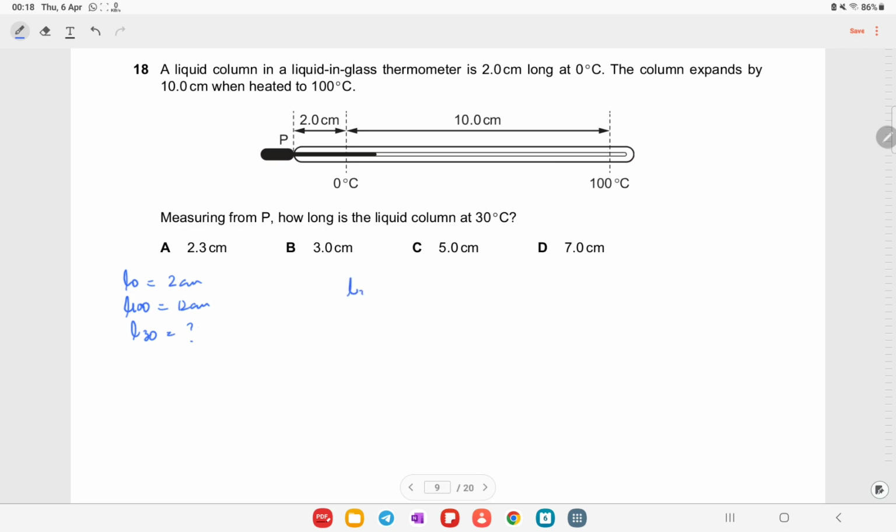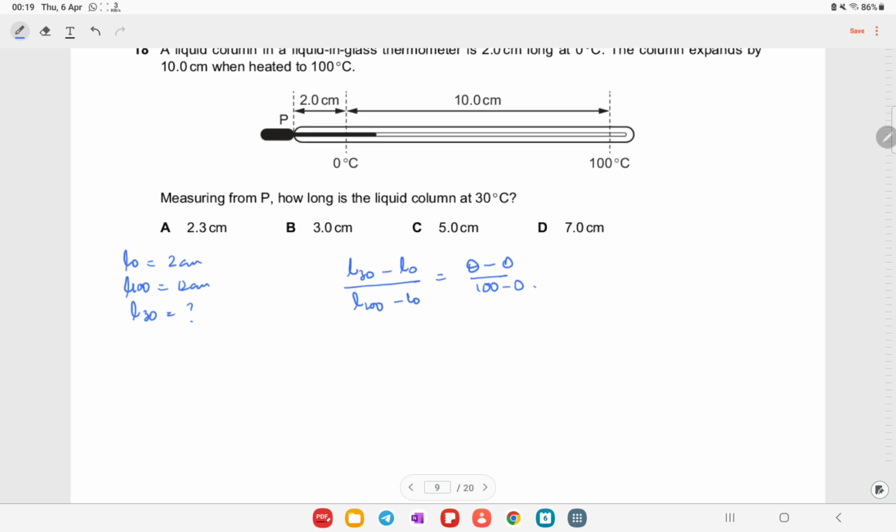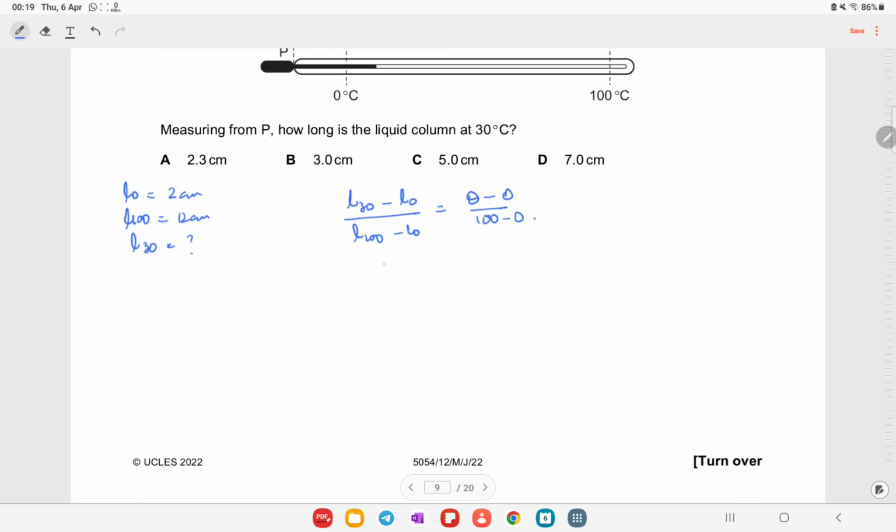So the formula is (L_theta minus L_0) over (L_100 minus L_0) equals (theta minus 0) over (100 minus 0). So the length will be L_30; just put the values inside this: (L_30 minus 2) over (12 minus 2) equals 30 over 100.